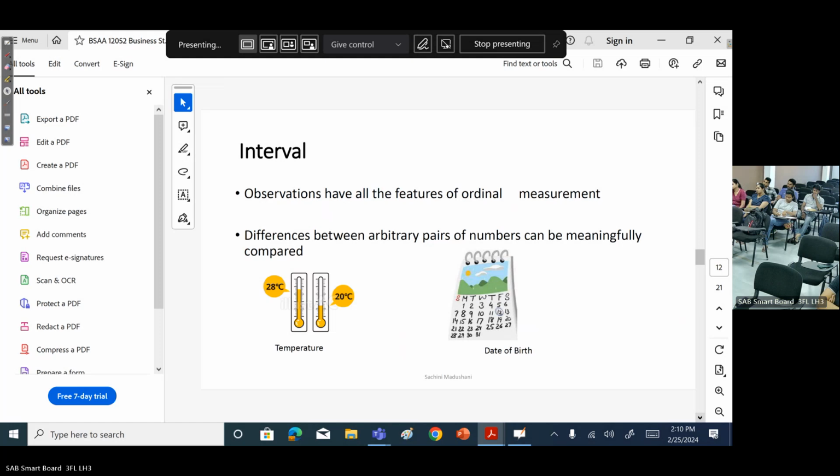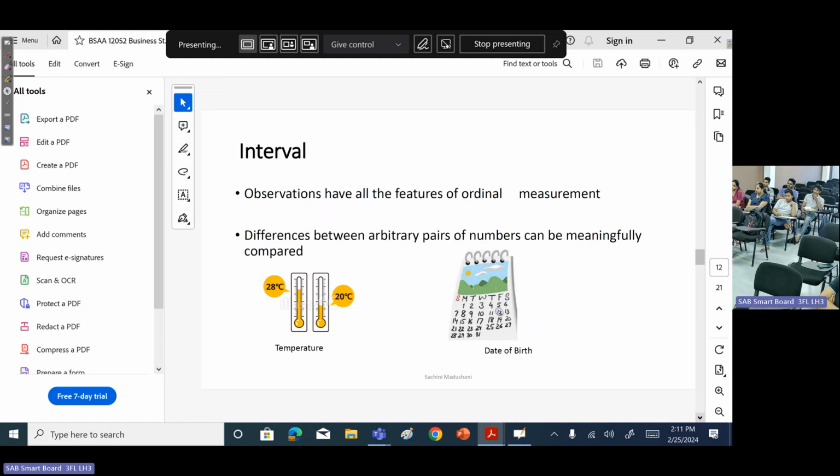Understood? Clear? Good. The interval scale measurement has all the features of the ordinal level, and then we can apply equal, not equal, greater than or less than, addition or subtraction. These are the examples: temperature, date of birth.